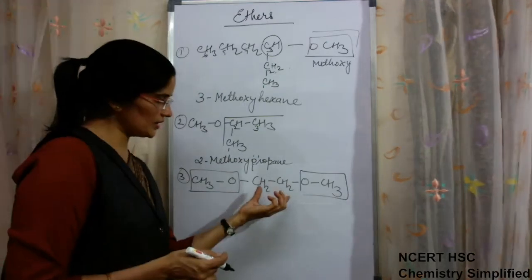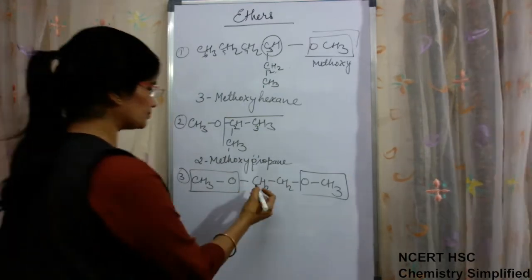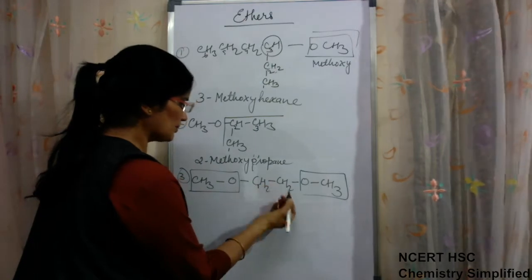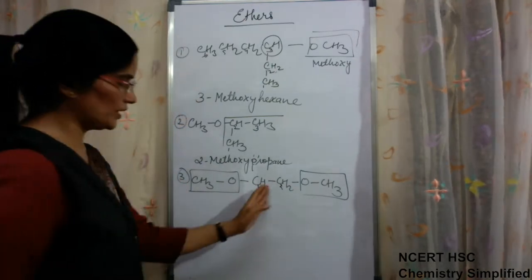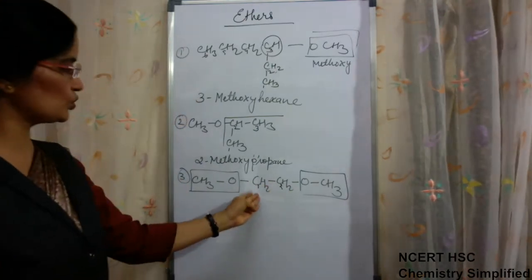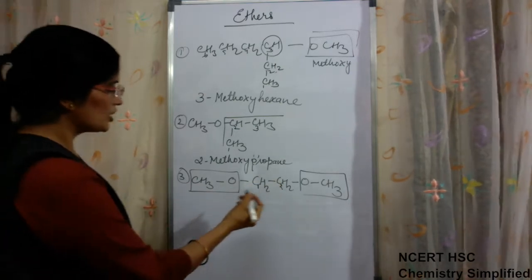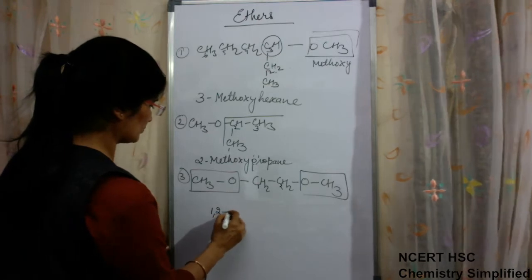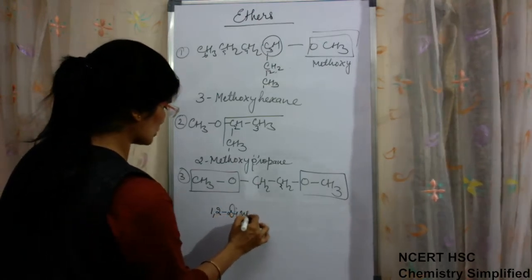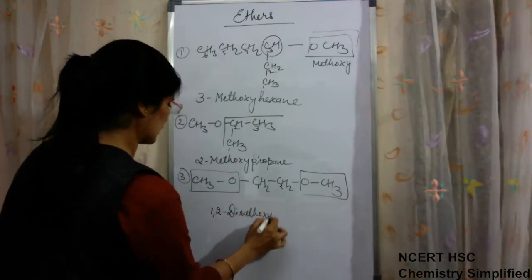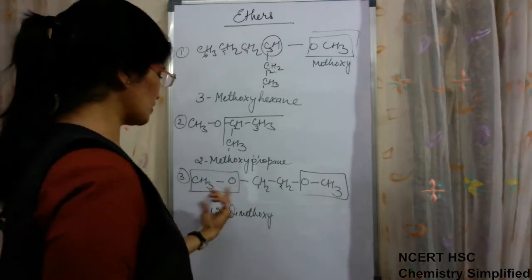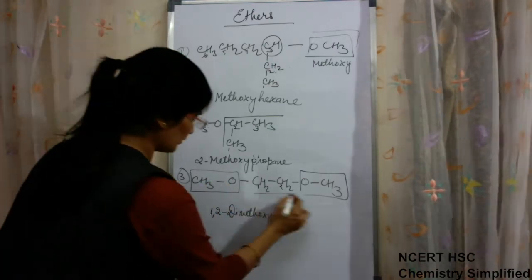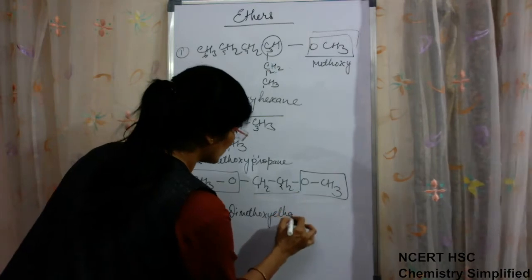In between there are 2 carbon atoms. So carbon number 1, carbon number 2, we can name it 1 and 2 because there are only 2 here. So 1,2-dimethoxy. Okay, 1 position, 2 position, both sides it is methoxy, and what is left is ethane.